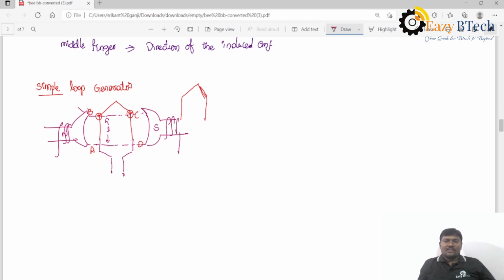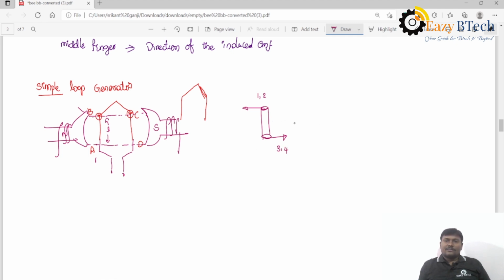So now this is the front view, right? Let us say this is called the conductor AB. So B and C is looking like this. Let us say 1 comma 2, and this one is 3 comma 4.